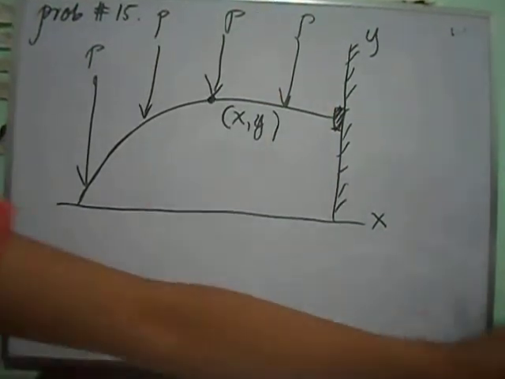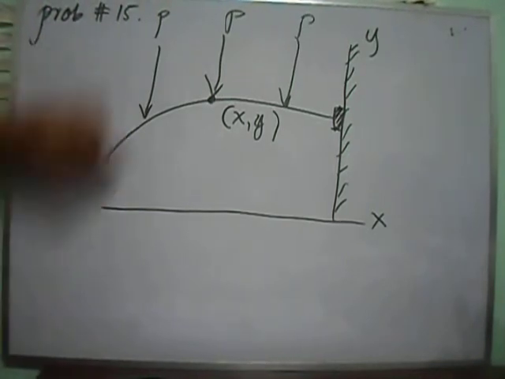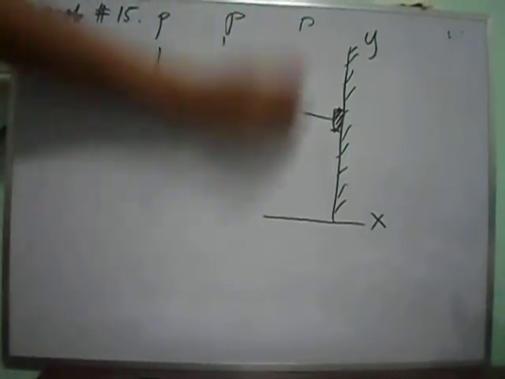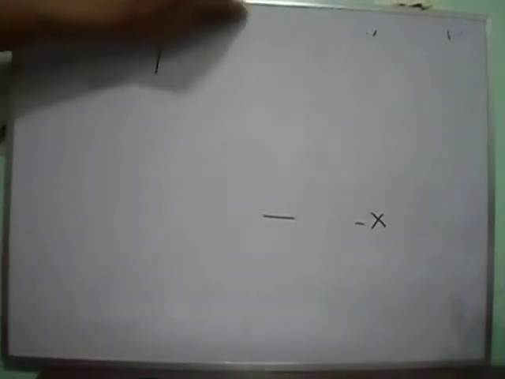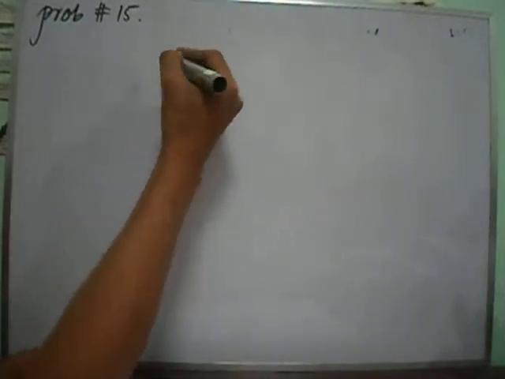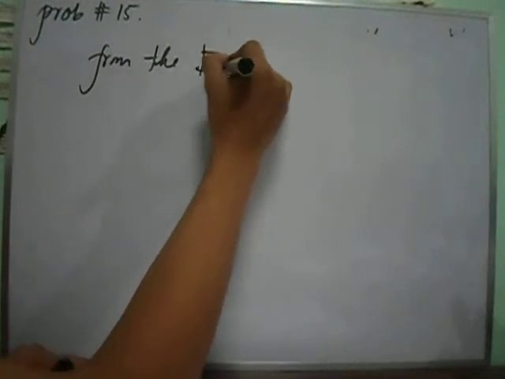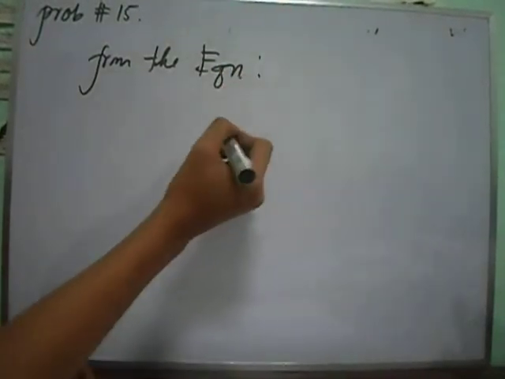This kind of problem involves a fourth order differential equation, involving the Young's modulus of elasticity and the moment of inertia. Now from the equation we have already established, we can write it in the form of a differential equation.